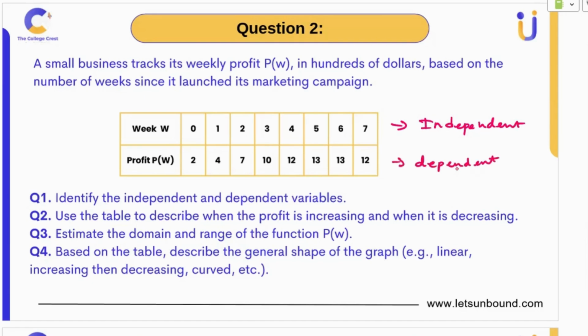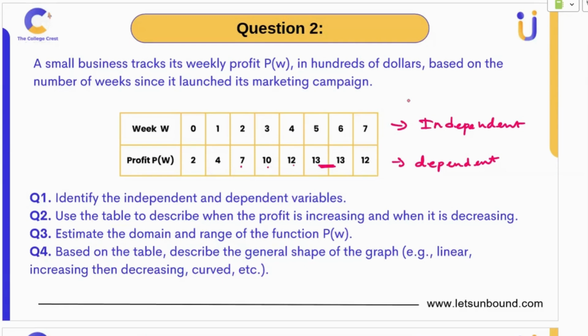Use the table to describe when the profit is increasing and when it is decreasing. So, week is increasing in number, profit 2 to 4 is increase, 7 to 10 increase, 12 to 13 increase, 13 to 13, it's stagnant. It levels off here.